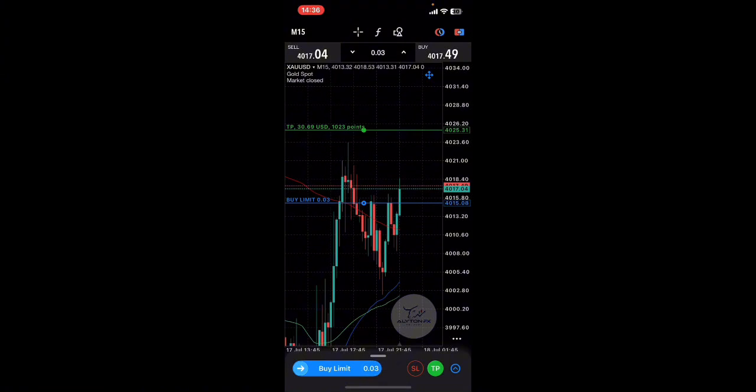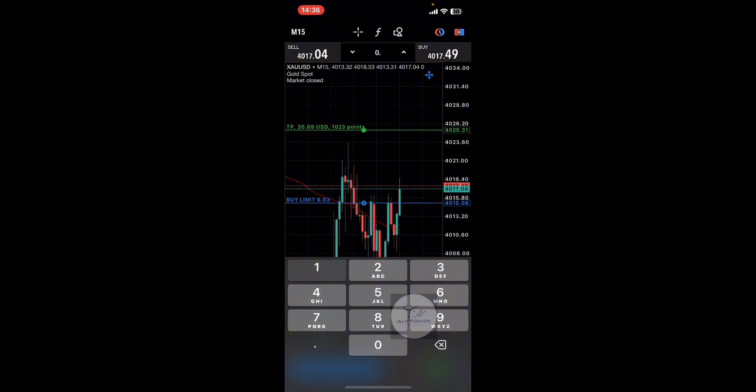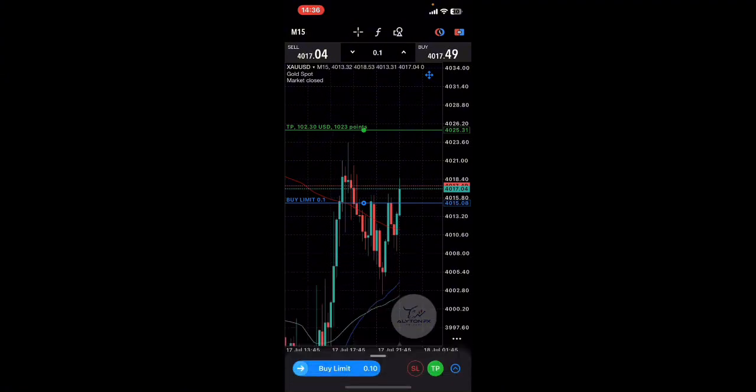With 0.03 lot size, 100 pips equals $30. With 0.10 lot size, we are making $100, which is 100 pips.